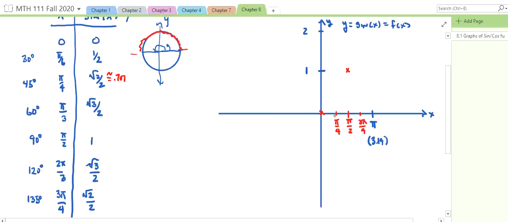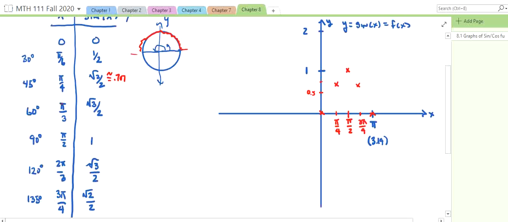So if this is the halfway point, if this is 0.5, 0.75 would be here, so we're a little below that. So this is here, and this is the same value. You see, this is here. Also, when we hit pi, we get back to 0 again.